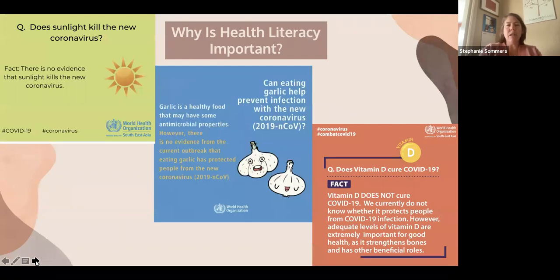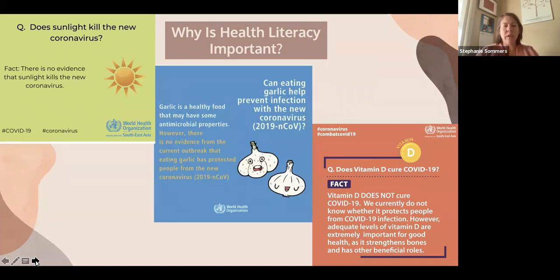So I thought we'd start with why is health literacy important? Obviously we are all living through a pandemic that has been much bigger in scope than I think any of us thought it would be, and really unlike anything any of us have probably lived through before. When I think about health literacy, I think about all of the health-related information we have had coming at us over the past 18 months or so.